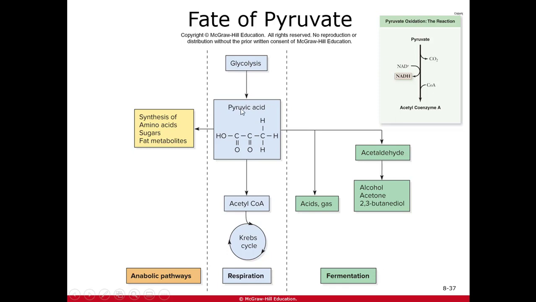Out of taking pyruvate and making acetyl-CoA, which stands for acetyl coenzyme A, we do get a little carbon dioxide out, but we get another NADH for each pyruvate. So we get a couple more NADHs, more electron carriers, more electrons. And then that acetyl-CoA can now go into the Krebs cycle.